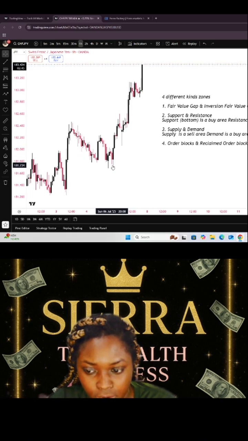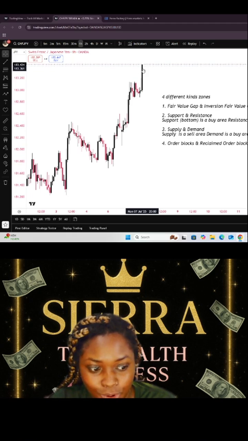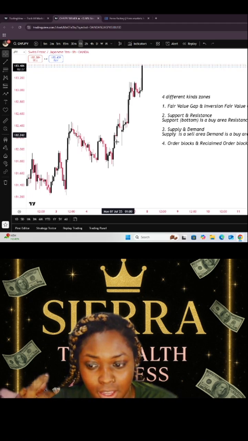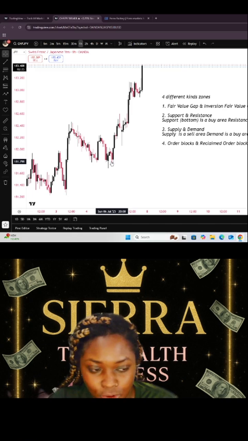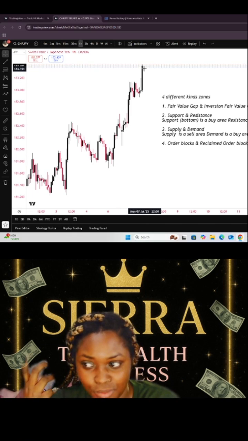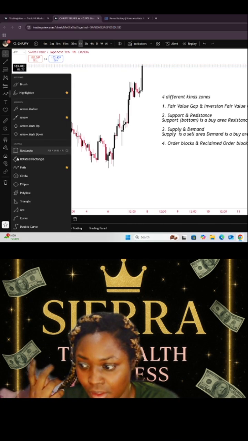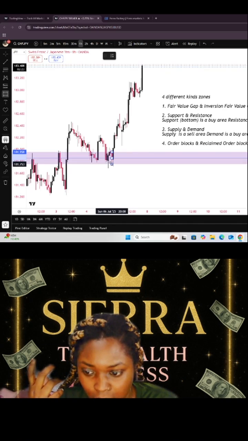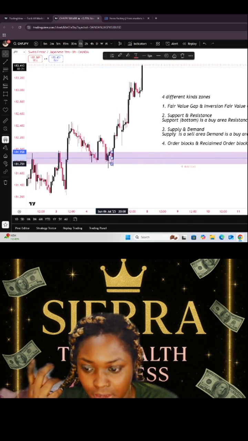Last down candle, which is this red one, before this up move. That's an order block. Same as a demand zone. The demand zone is the last candle before the impulsive move. So this right here is an order block and demand area.